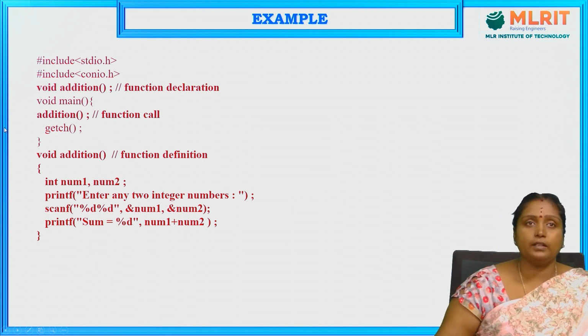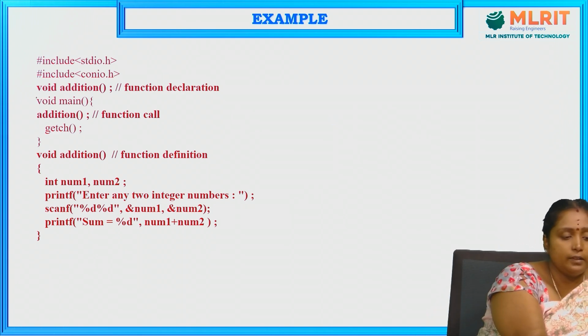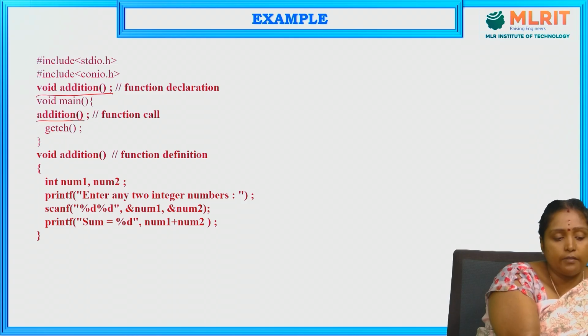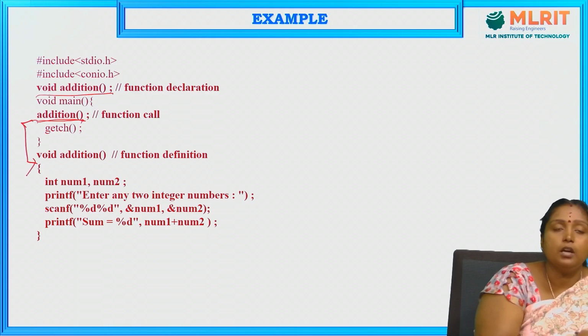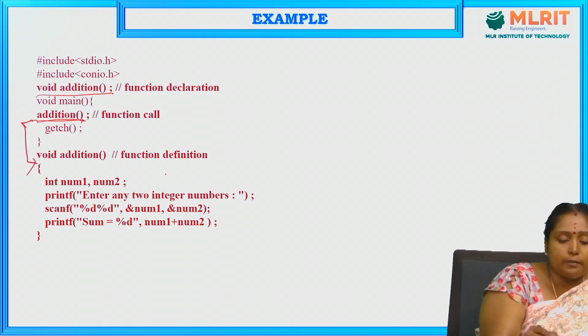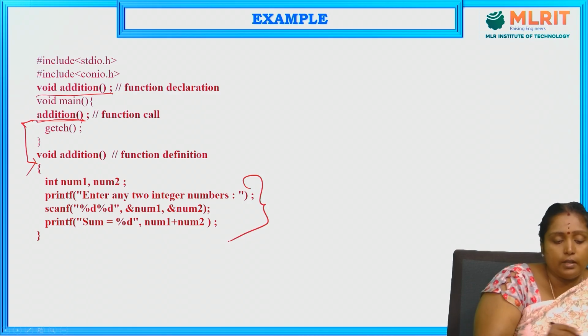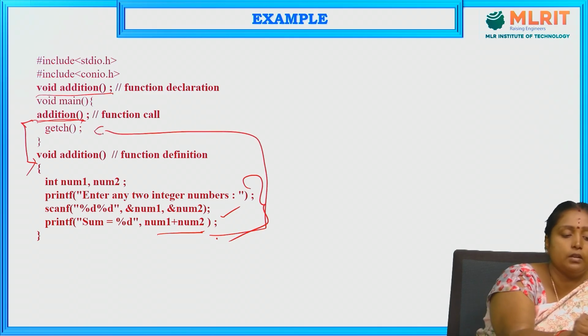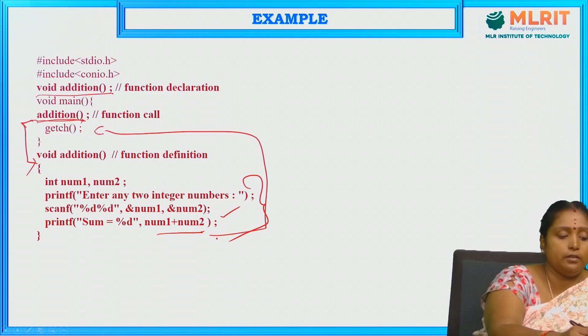Here, this is called the function declaration, and we are calling the function from the main function. Whenever you have the function call, the control jumps to the called function and performs all the operations here. It was reading two numbers and adding two numbers, and after completion it comes back to the calling function and ends up here.